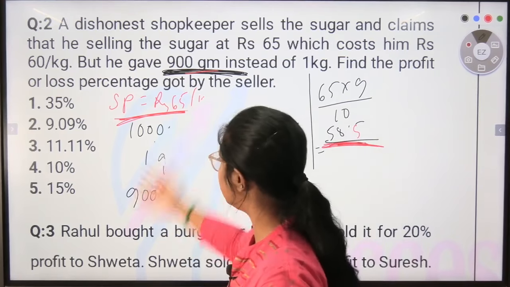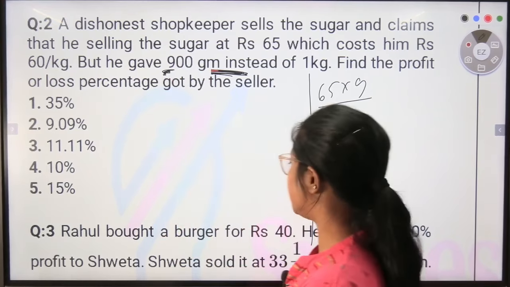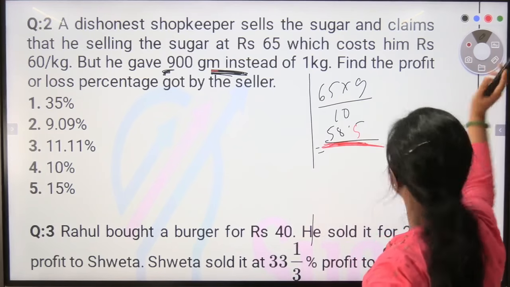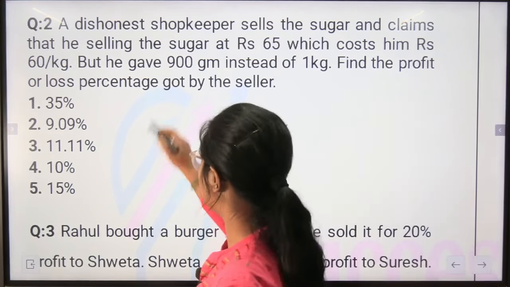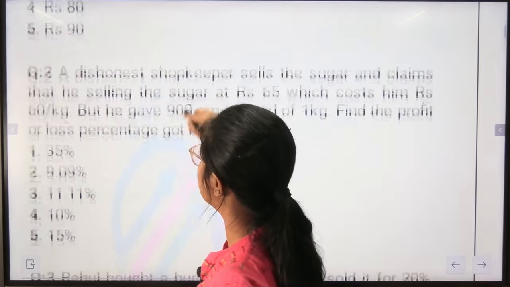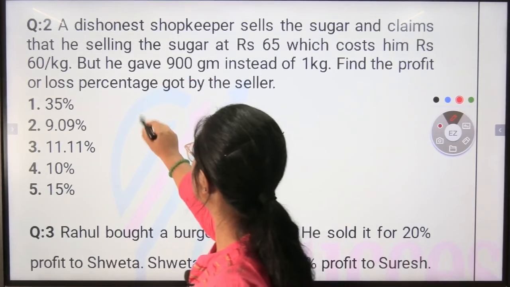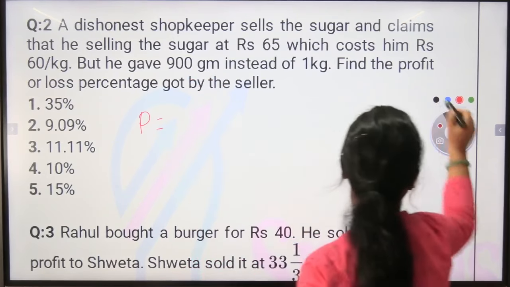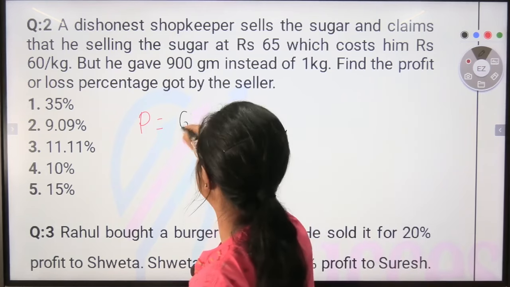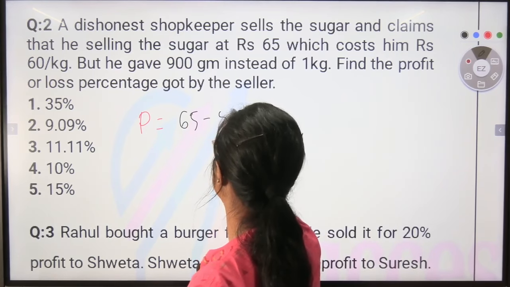Since my SP becomes greater than CP, my profit must be equal to 65 minus 58.5.